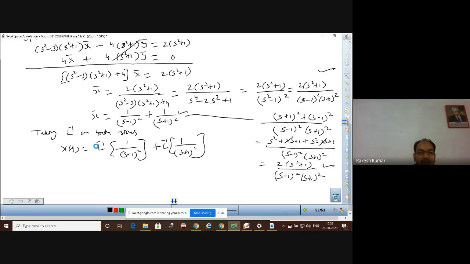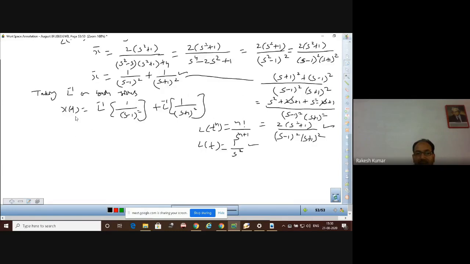Now let us see. You know the formula: Laplace of t raised to power n is n factorial over s raised to power n plus 1. So if we take the Laplace of t, that is 1 upon s². It is clear, and you can apply this formula.